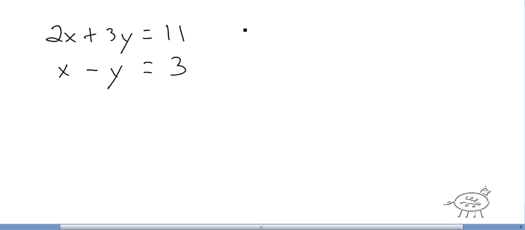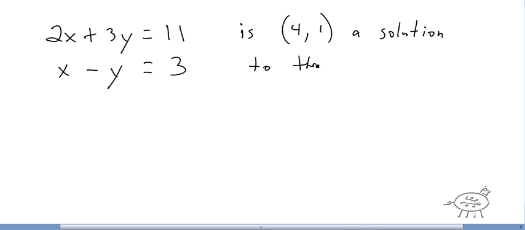And the question is, is (4, 1) a solution to the following system? It's really easy.